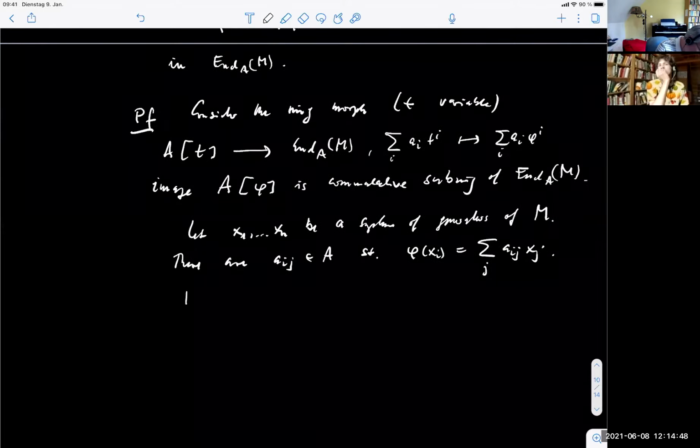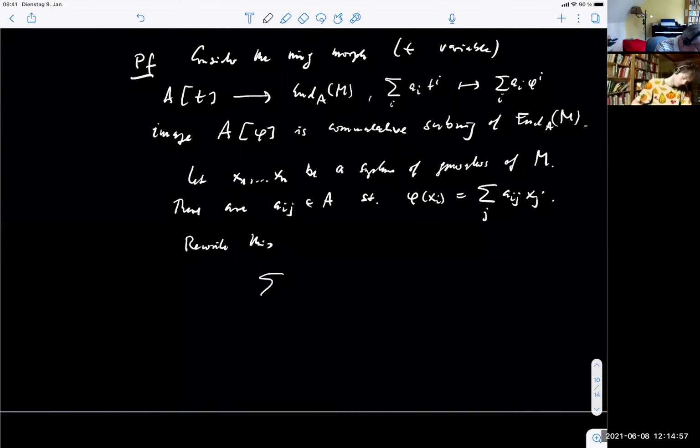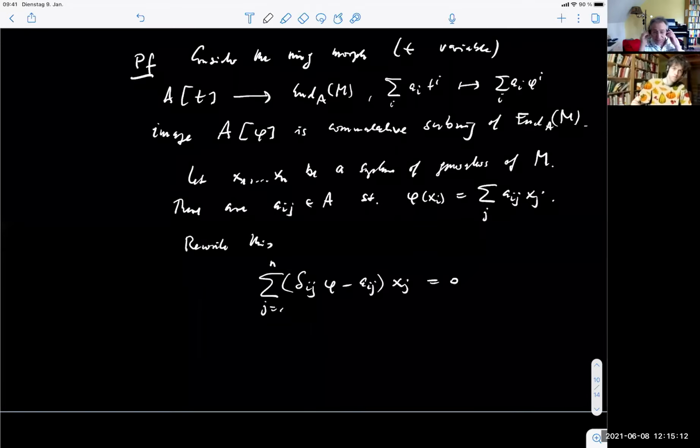So rewrite this. We always have to be careful whether I take this matrix or the transpose matrix. So let me write it: the sum over all j of (delta_ij phi minus a_ij) x_j. That's just a formal way of rewriting this, where delta_ij is the Kronecker delta.